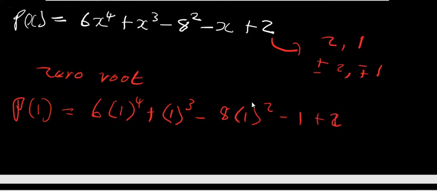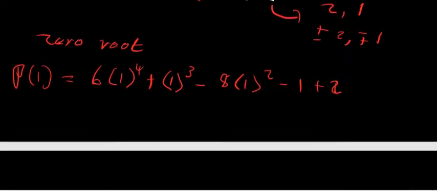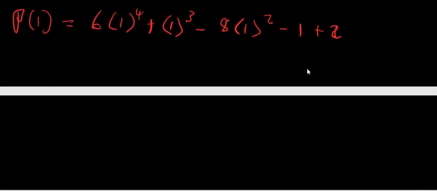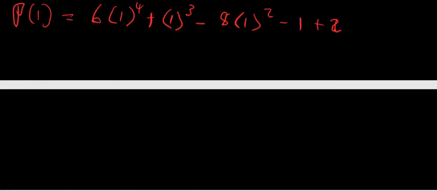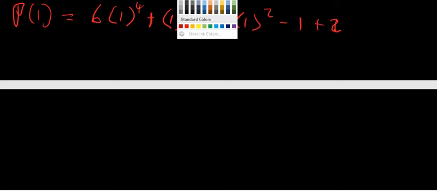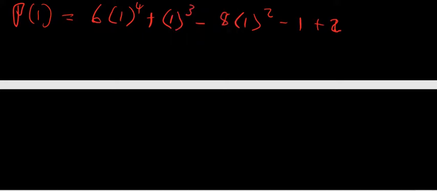So if you get p of 1, it will give you 0.